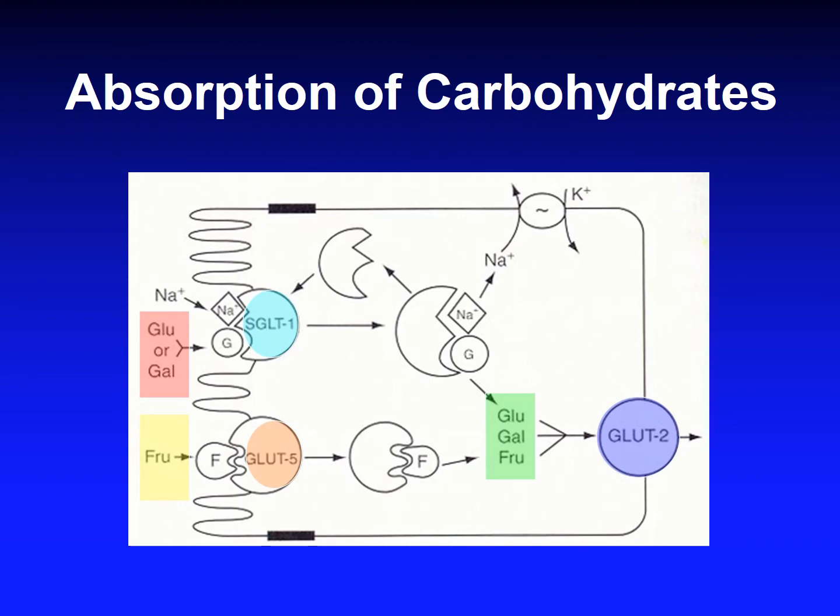In the middle of the enterocyte, you have glucose, galactose, and fructose, and all of these require GLUT2 to go to the blood vessels. A special carrier that's called GLUT2 to go to the blood vessel, to go to the rest of the body, basically.